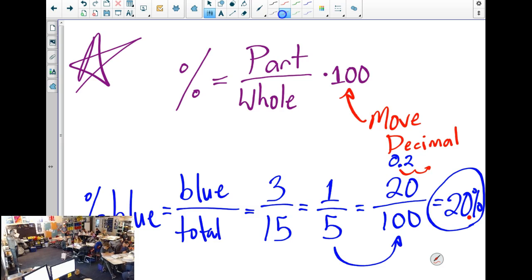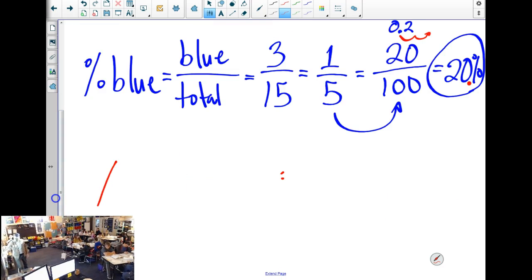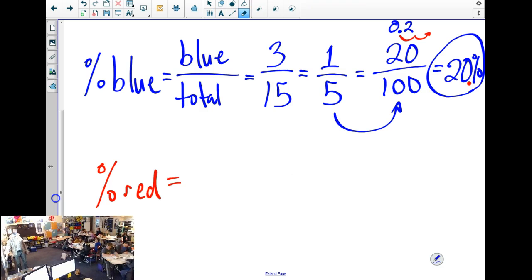What percent would be red? 80, right? We know that from subtraction, but if you want proof, I would write this on your paper just to solidify it. My percent red, how would I set that up? What ratio would I start with? Yeah, red over total.